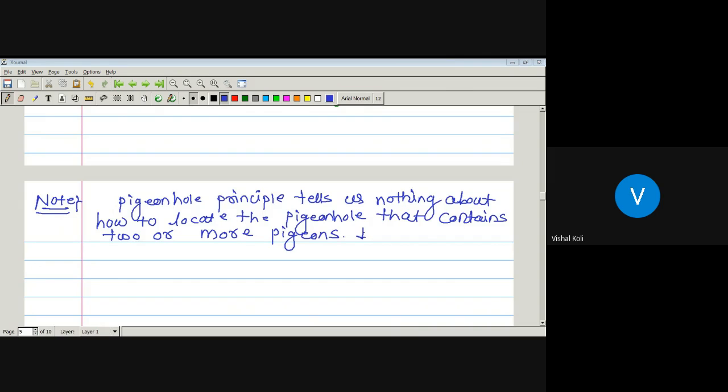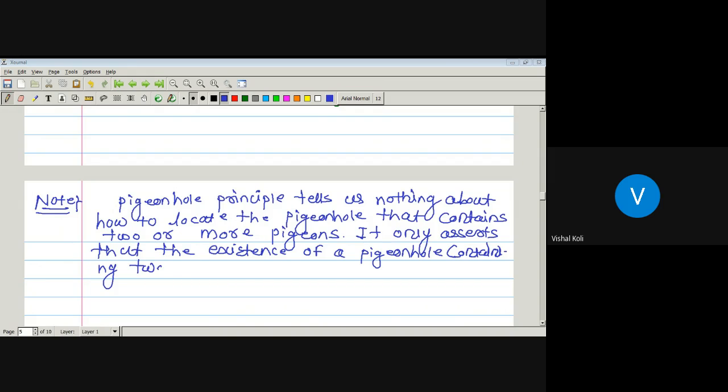It only asserts the existence of a pigeonhole containing two or more pigeons.